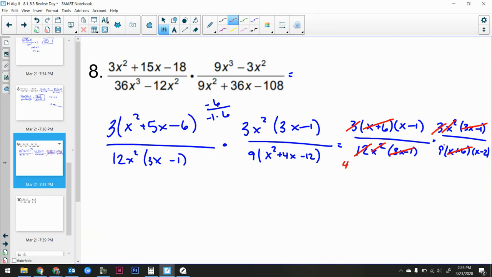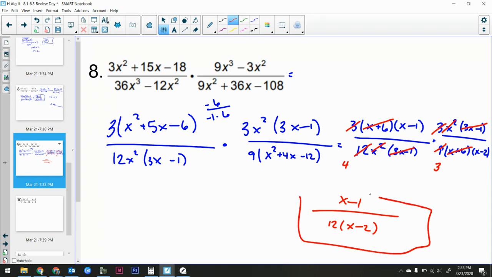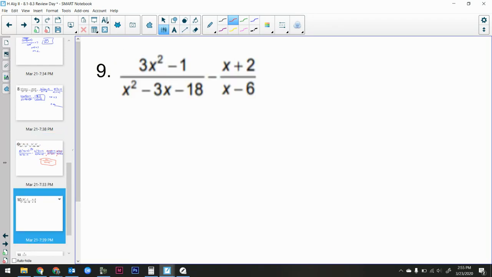And then this and this, that's 1/3. So that gives me all in total x minus 1 over 12, x minus 2, I think. Yeah, up here. Okay. Whoa, the box gets so funky. Okay. All right, 2 more problems to do.